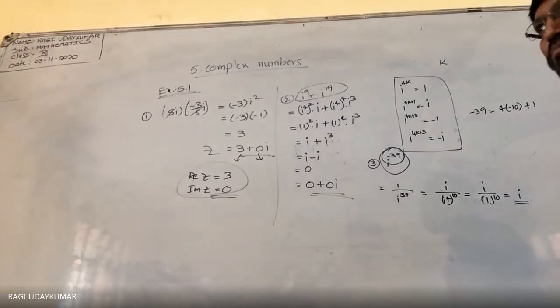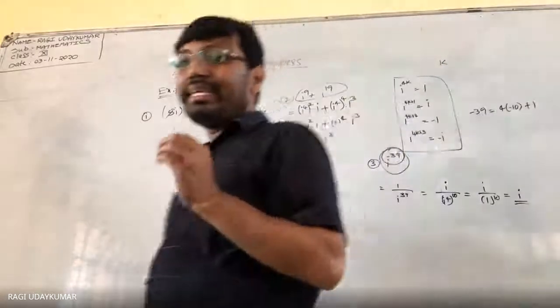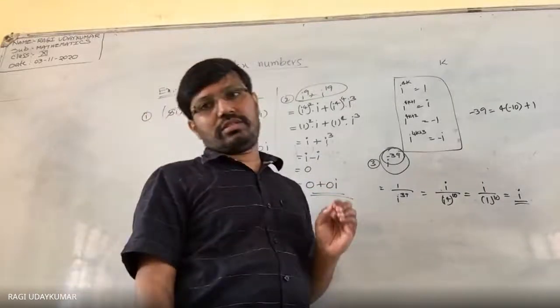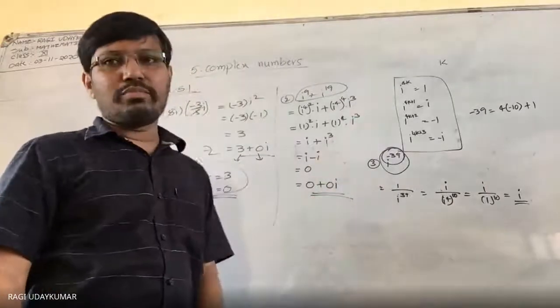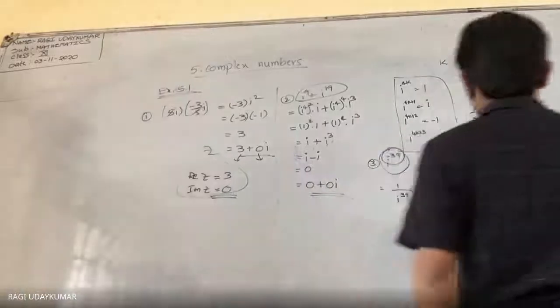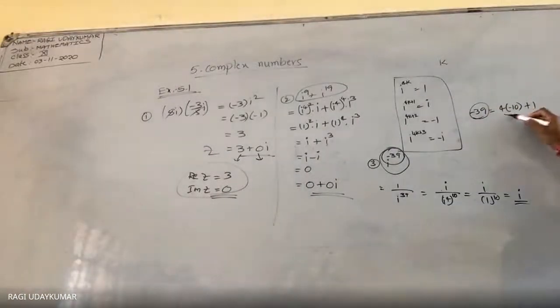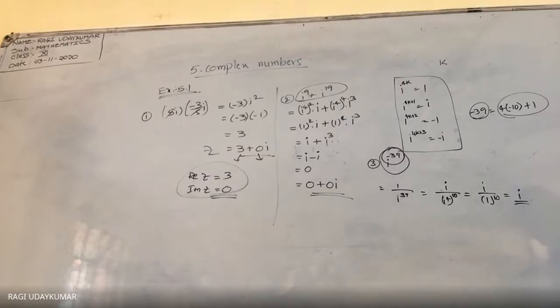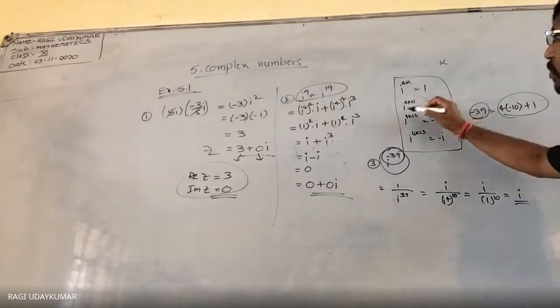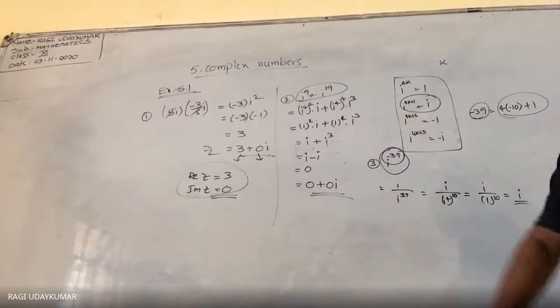That can be any integer I said. In both the cases I am doing same here. So now it is in the form of 4k plus 1. Okay? So 4k plus 1 का form में होता है तो I answer.